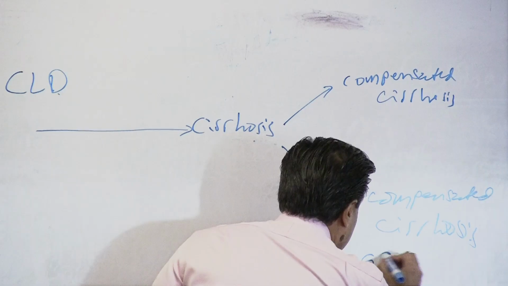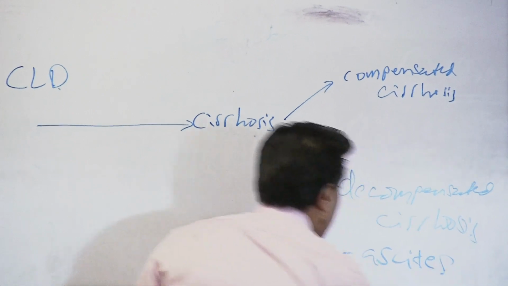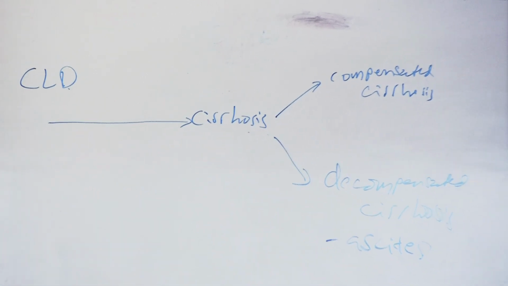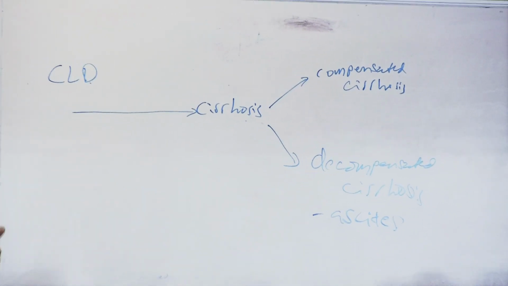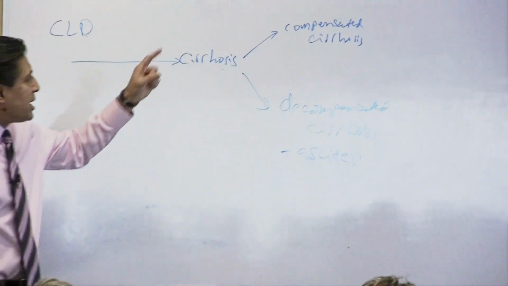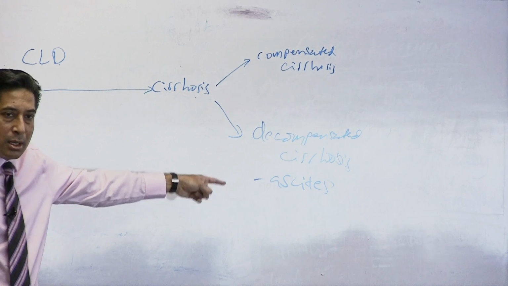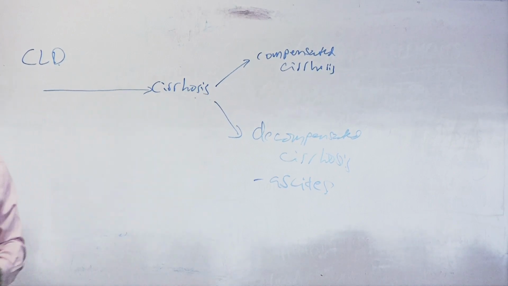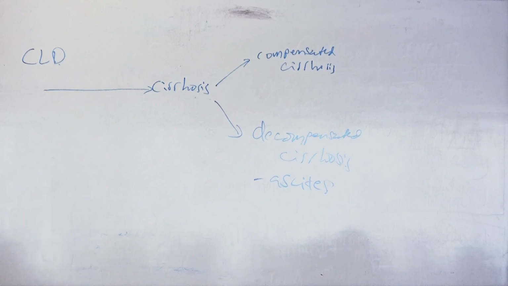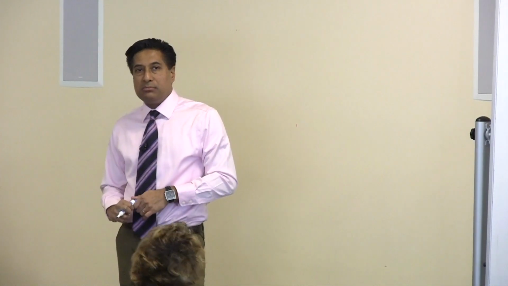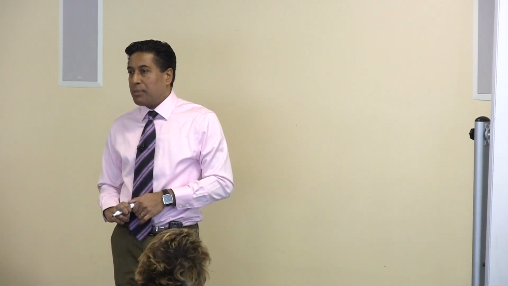Ascites. Ascites is an event that is now taking somebody who has compensated cirrhosis to decompensated. Somebody with new onset ascites, their survival goes from a 5-year average of about 80% all the way down to about 20% with your first event of ascites.